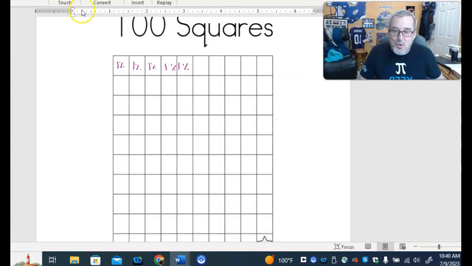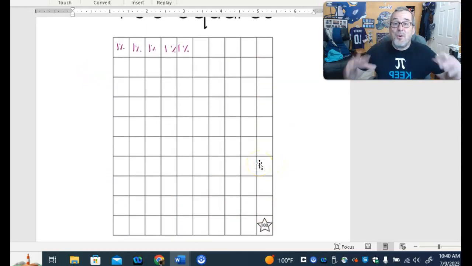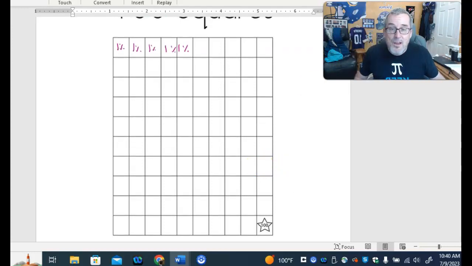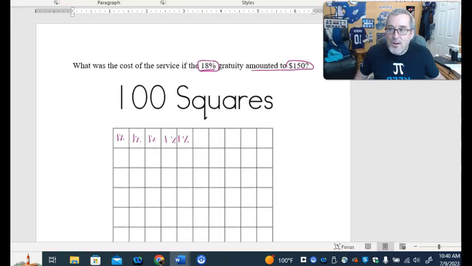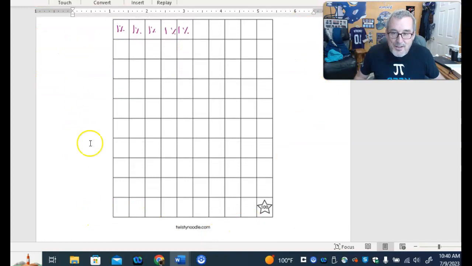Each individual square represents 1%, and all 100 squares would therefore be 100%, and we know that 100% represents the one whole unit. Now in my case, the one whole unit is the cost of the service. So all 100 squares would be the full cost of the service.